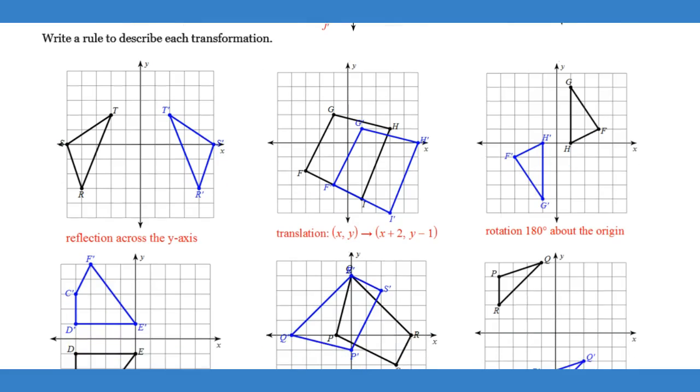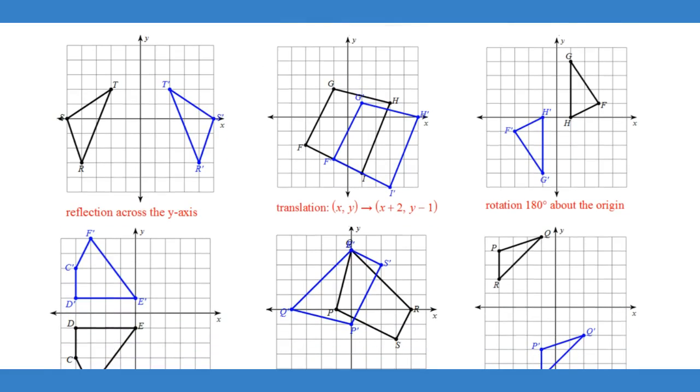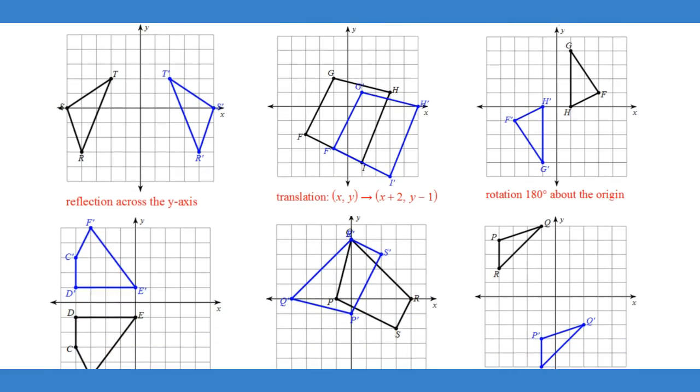And then when we want to write a rule, we are simply looking at where we started and where we're going. So pick a point. I know that in my original image T is my pre-image point and this T prime is my image point. And then I take note of what is happening.